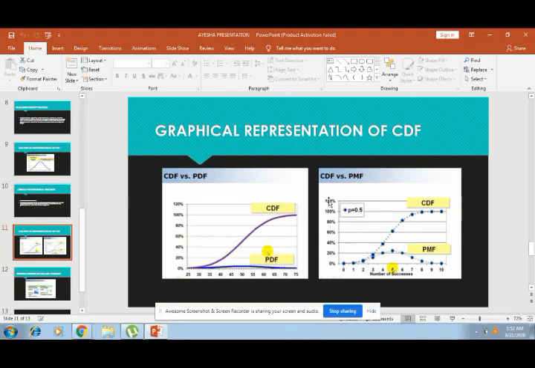That's where this purple line rises up. In the other one, CDF versus PMF, all is the same, but this dotted line shows that it's a binomial distribution.